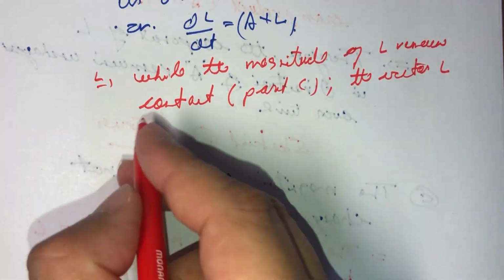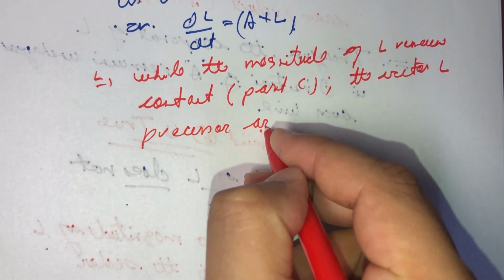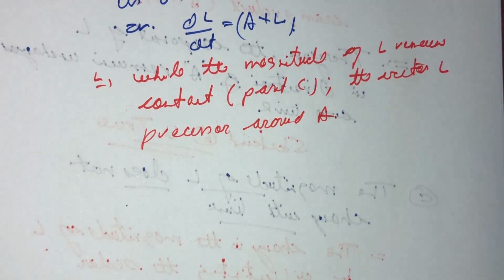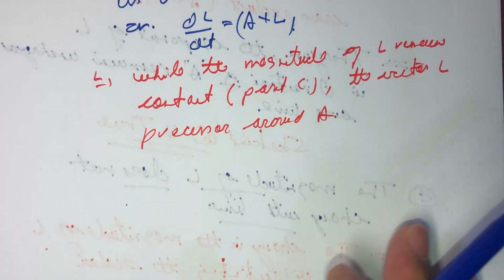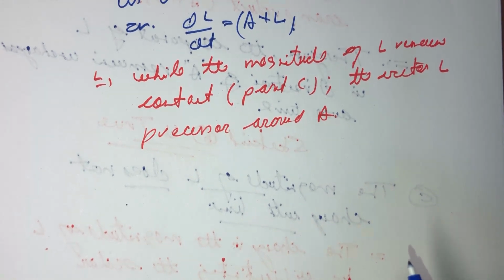Vector L precesses around A. So thus we can say the component of L along A does not change.